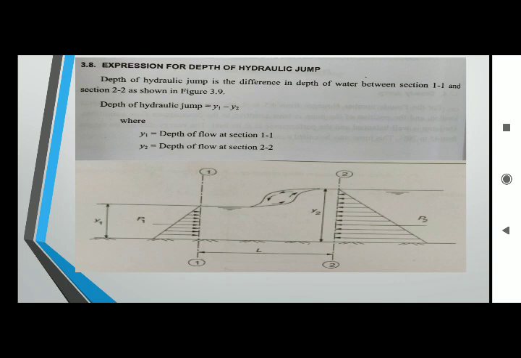Now we will derive how this depth of hydraulic jump is arrived at. We have to know the relationship between y1 and y2, because based on that we can convert y2 in terms of y1 or y1 in terms of y2.